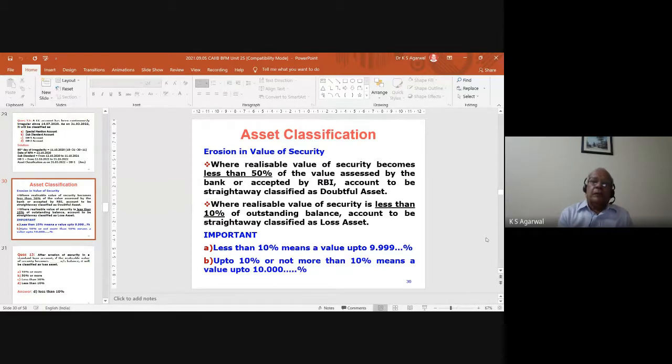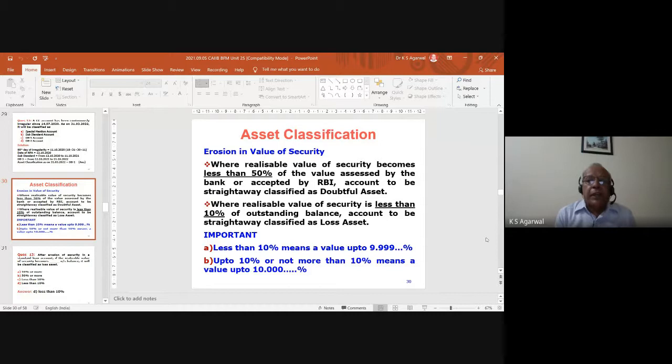For example, if I have made a CC and advanced against stock, and last time I checked the stock, it was okay. But when I go there next time, I find that my stocks have depleted by more than 50%, then this account will become doubtful.